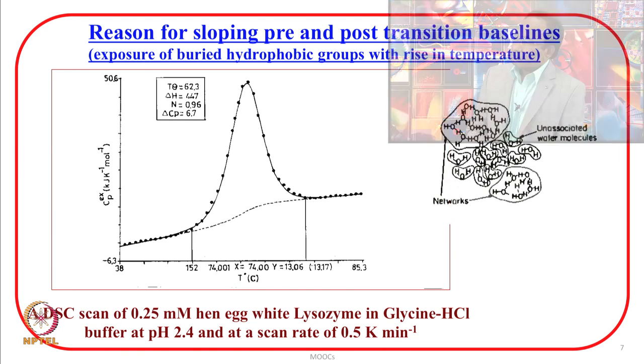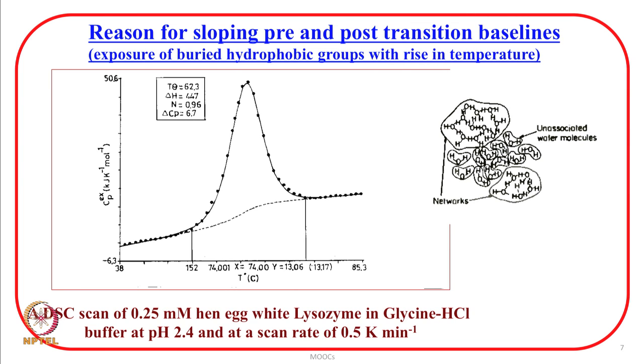So, most importantly, what we should try to connect is how this process is affecting the structure of water. What I discussed is that when you are increasing the temperature, slowly the equilibrium is getting shifted towards a more tetrahedral network, strengthening the structure of water, and the overall heat capacity increases.